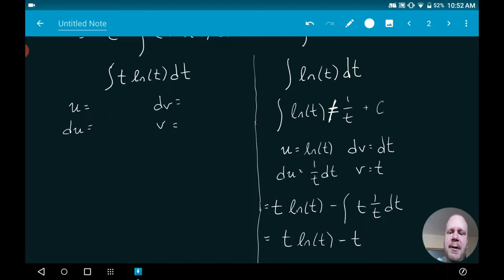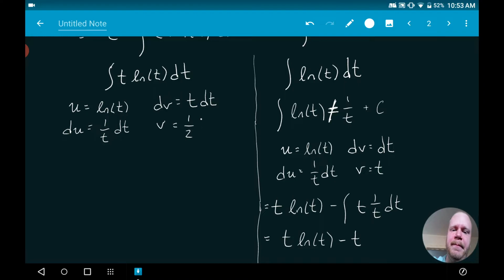I'm going to call this natural log of t, and this is going to be 1 over t dt. But there's not a great choice for dv here, but we're just going to have to trust that the process will work for this. This isn't something that gets easier when we integrate it, but it will help us simplify things.